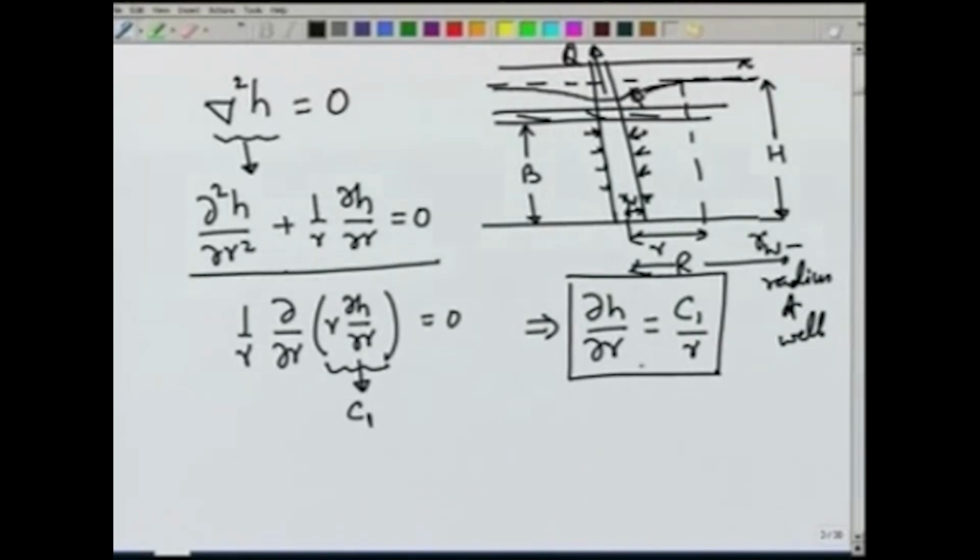So, to solve this equation we would need some boundary conditions, and for example, in this case we can use the conditions that r is equal to R w, s equal to s w, where s w is the drawdown in the well. So, we can show it here.